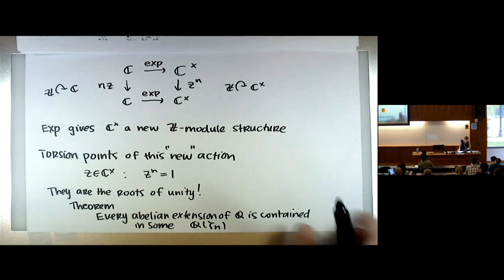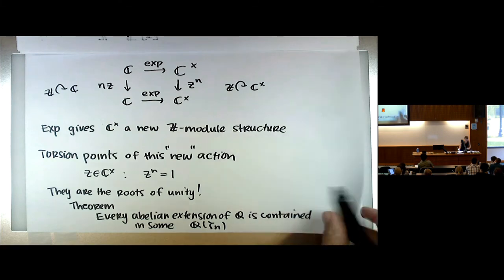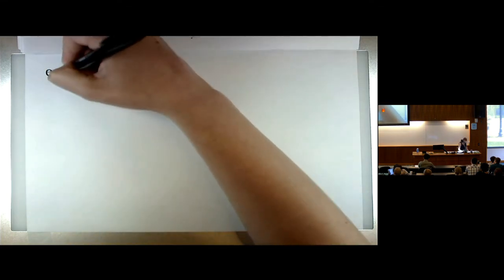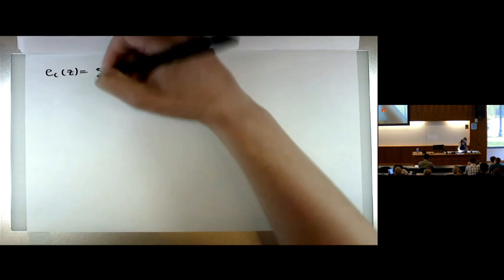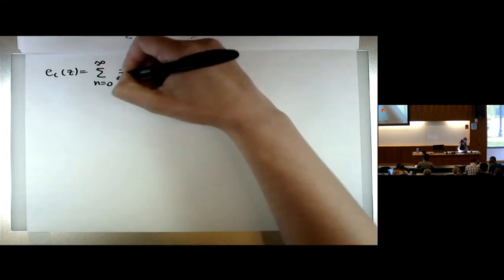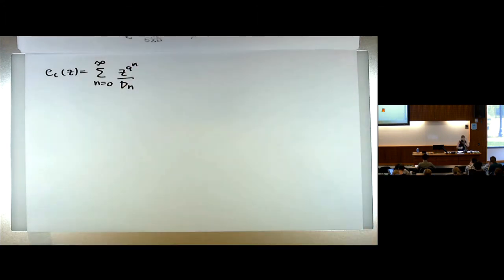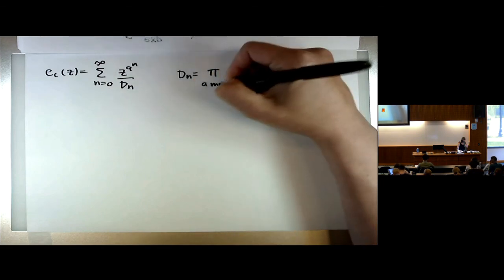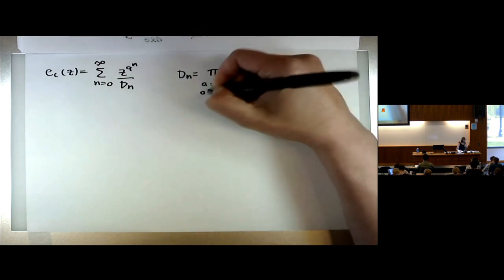So I will just leave you with the definition of the Carlitz exponential function so you can get started playing with it on the homework. It's in the notes, but I feel I'm duty bound to write it down. And here, D_n is the product of the monics of degree n.